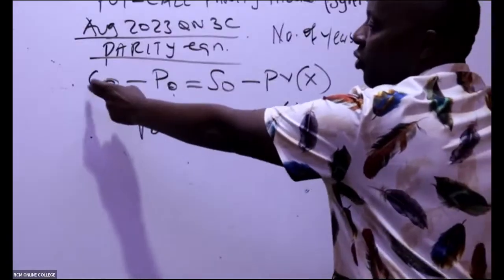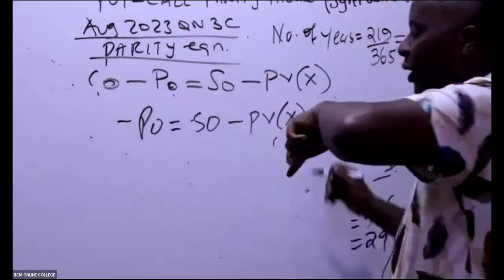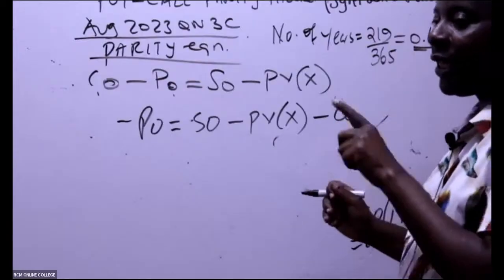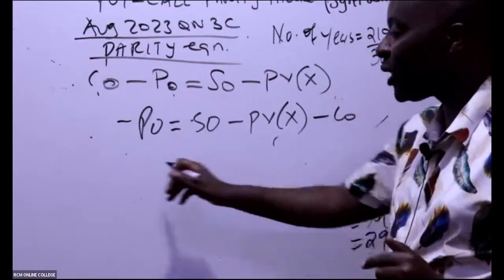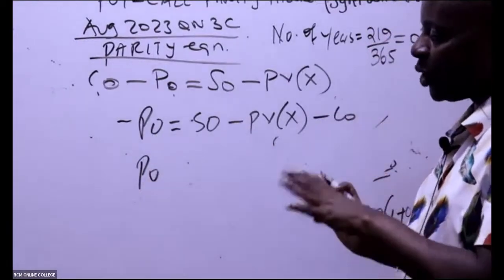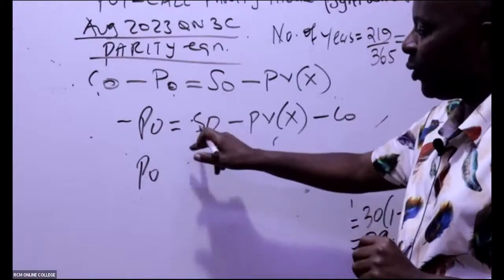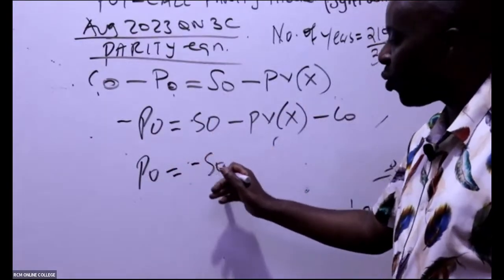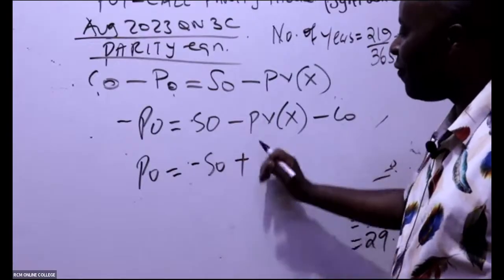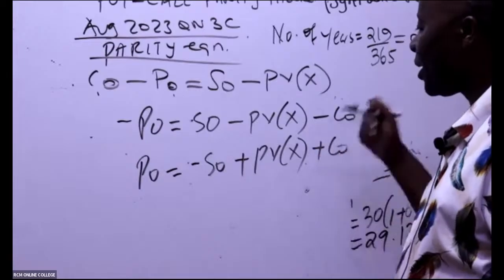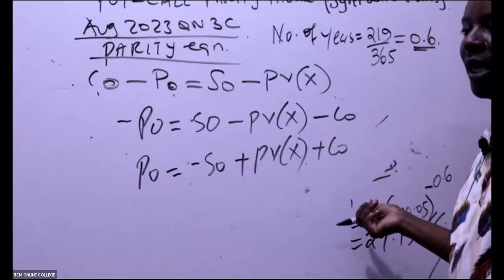Upon crossing over here, it's positive. When it crosses over, it becomes minus. But I don't want a minus PO. I only want positive PO. So then all the terms here, we have to change their signs. You divide by minus 1. So this one here will be minus SO. This will be plus PV X. And then this one here will be plus CO.